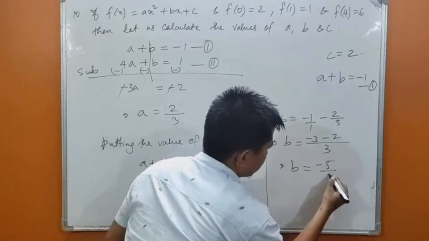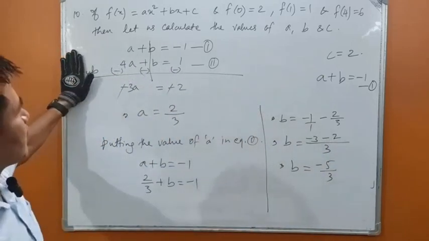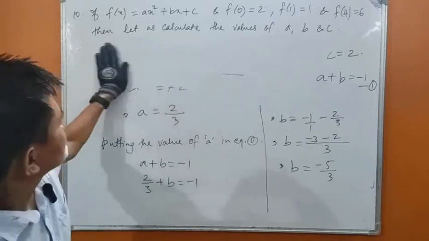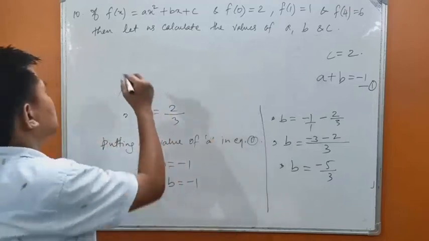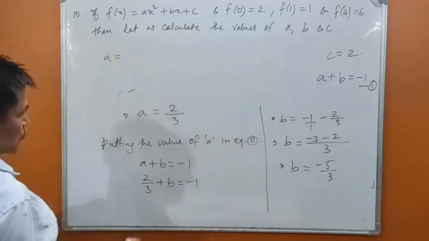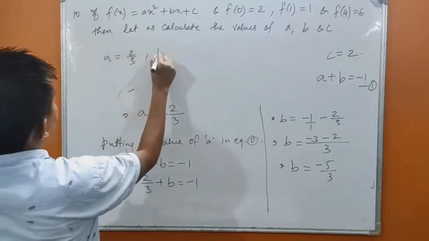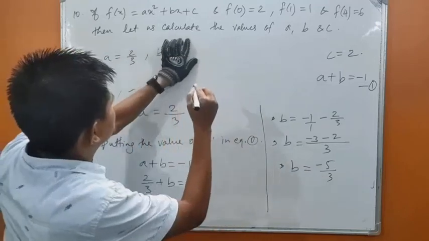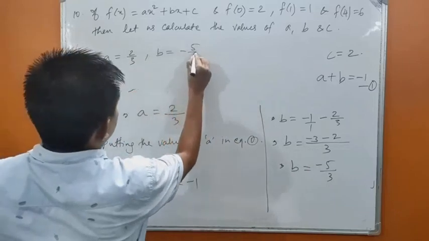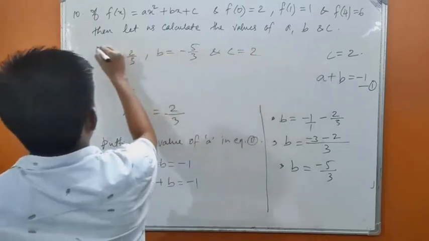So we were asked to find the values of a, b and c, isn't it? So we have a equals 2 upon 3, b equals minus 5 upon 3, and c equals 2, isn't it?